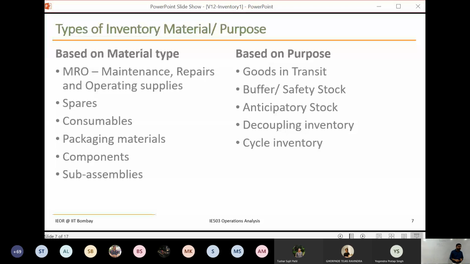Other material we end up using is something called packing materials. These packing materials, as the term defines, are used to pack the material.